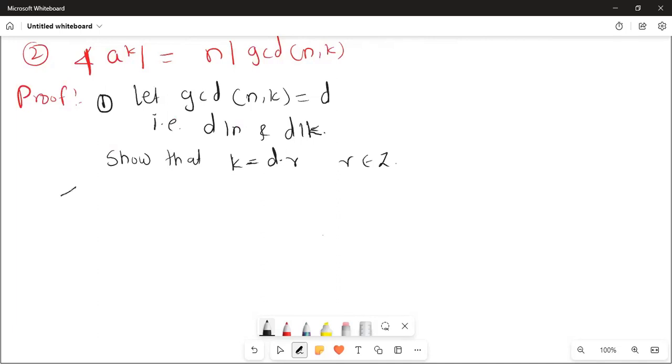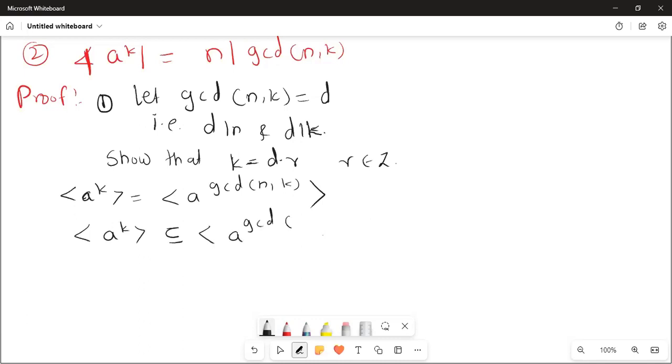So first, we have to show that the subgroup of a raised to k is equal to the subgroup of a raised to GCD of n and k. That means the subgroup of a raised to k is a subset of the subgroup of a raised to GCD of n and k, and the subgroup of a raised to GCD of n and k is also a subset of the subgroup of a raised to k.